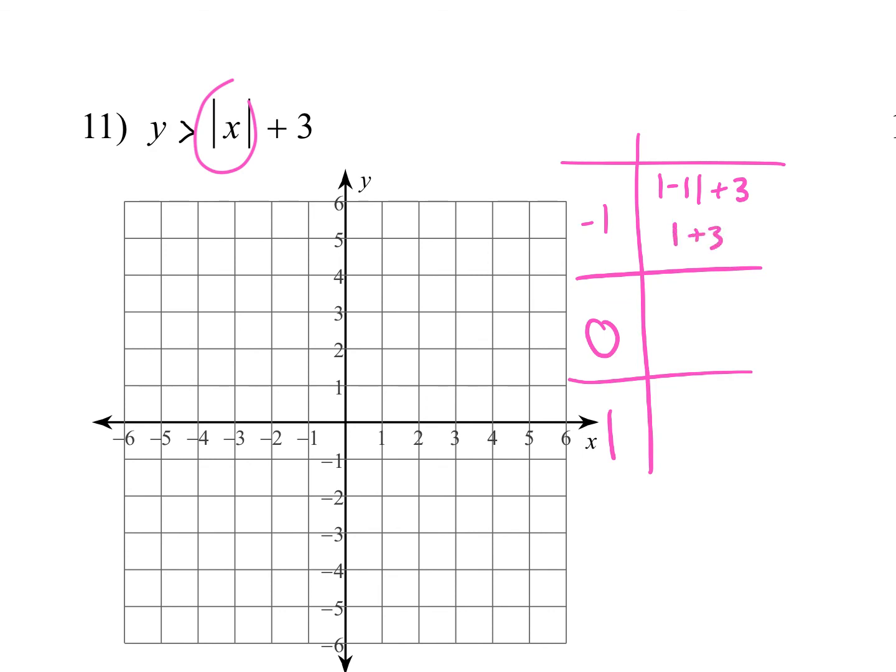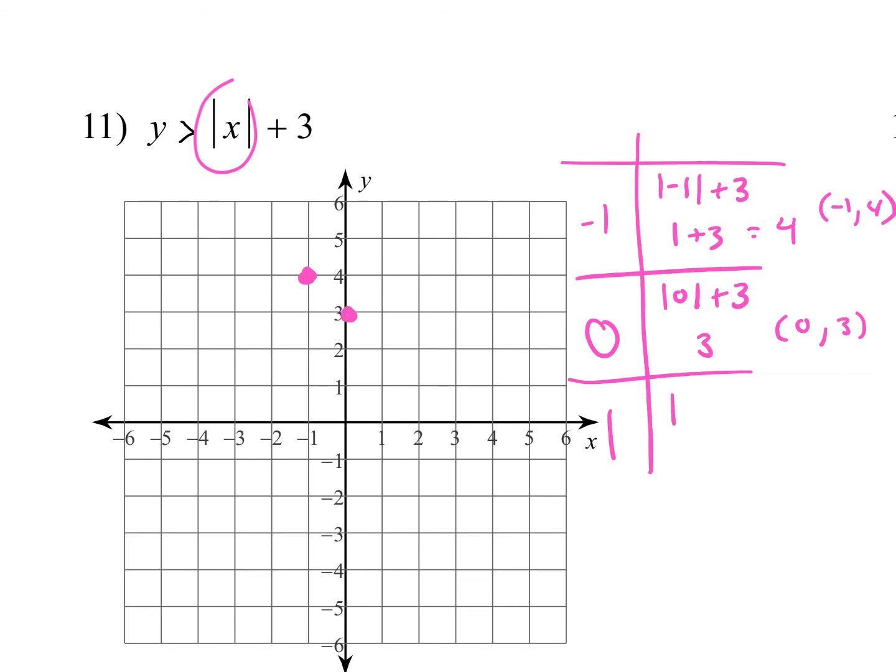And 1 plus 3? 4. So I plugged in -1 and got 4. So I go to the left to -1 and up 4. So here's my first point. Next I plug in 0. So 0 plus 3. So I plugged in 0 and got 3. So stay on 0, go up 3.